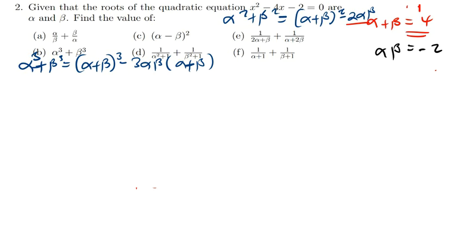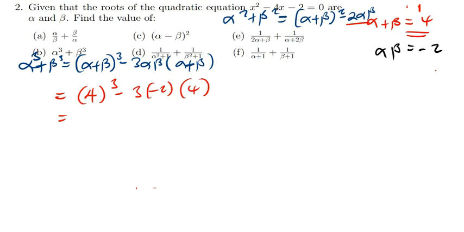So now the second question here, we're trying to find the same thing. So we just plug in the values. Alpha plus beta is 4 raised to the power 3 minus 3 times alpha beta, which is negative 2, then times alpha plus beta, which is 4.